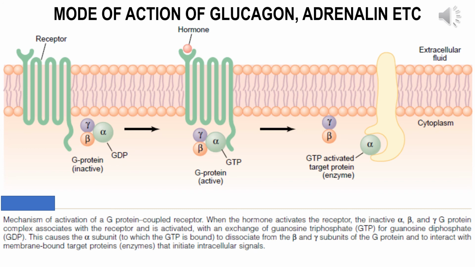This activated G protein in turn activates an enzyme bound with the plasma membrane. The G protein actually activates the cytoplasmic domain of this enzyme. And in most cases, the enzyme is adenylate cyclase, which is responsible for the conversion of ATP into cyclic AMP. The cyclic AMP is a second messenger, as is evident from the next slide.